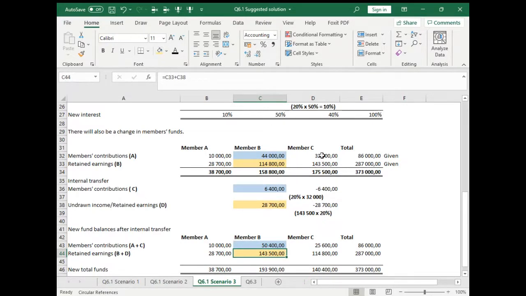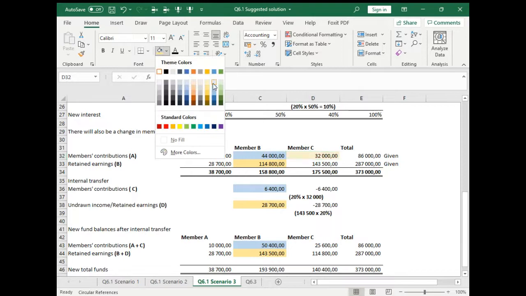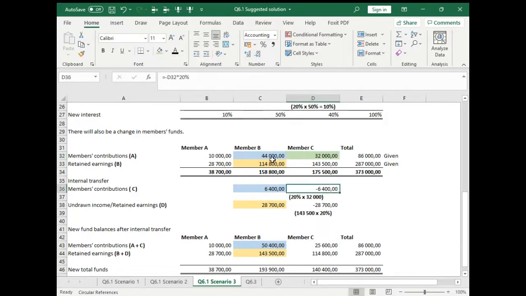And then C's, on the other hand, would have decreased because he disposed of a portion of his item. So you take the original 32 they had less the 6,400 they've disposed of to give you 25,600.